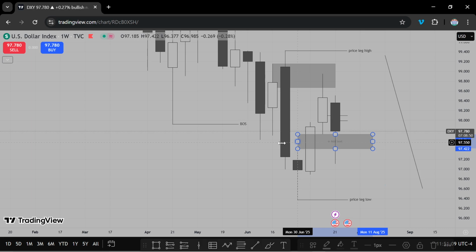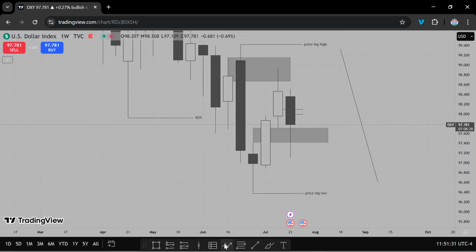Instead, we disrespected it, and a new weekly fair value gap was created right here. So this disrespect and new creation of a fair value gap has somewhat made us shift in bias from bearish to bullish.